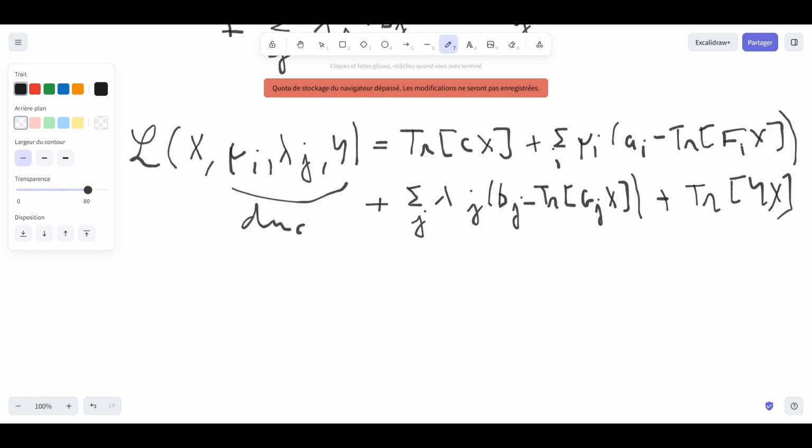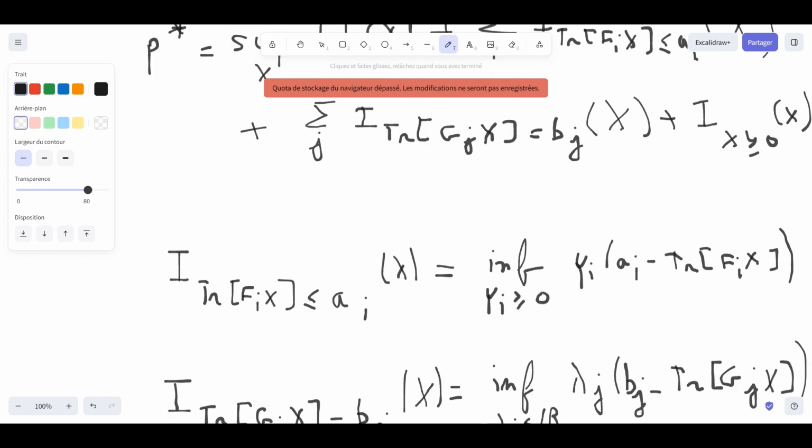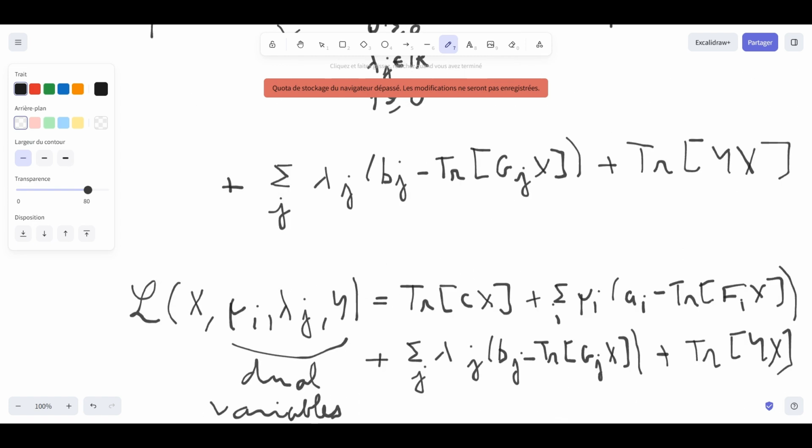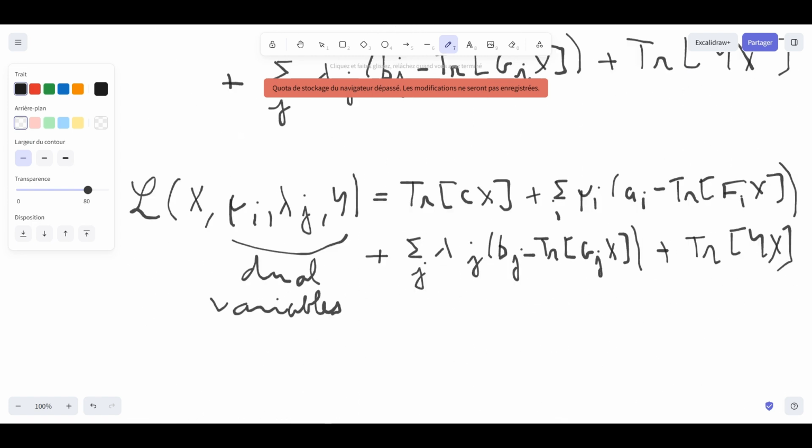I told you they're variables, but the real name is dual variables. Maybe because we have our primal, which is this in a way. After you try to find the Lagrangian, which is this, and after you find the dual.